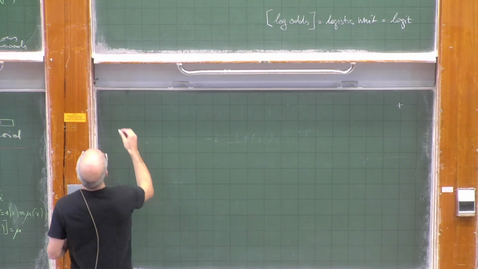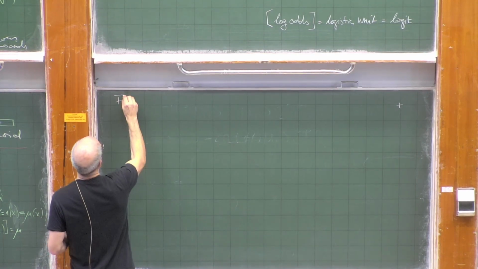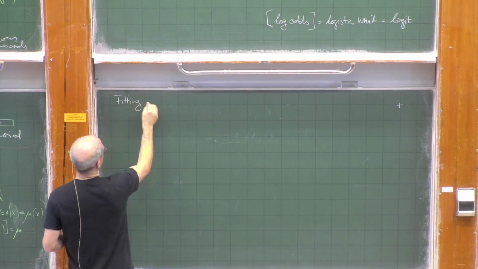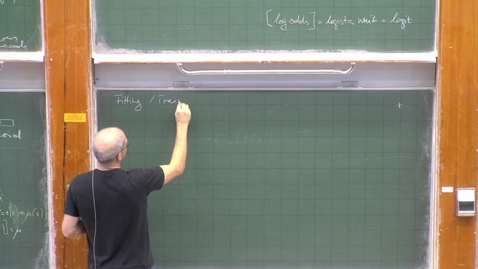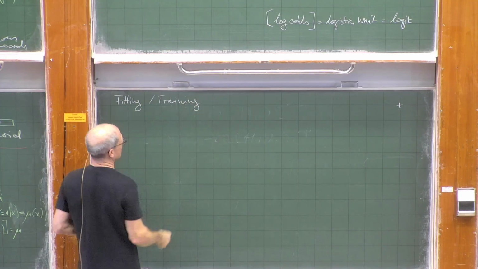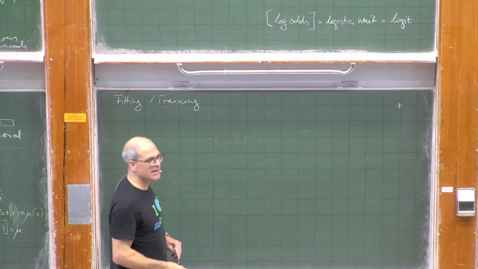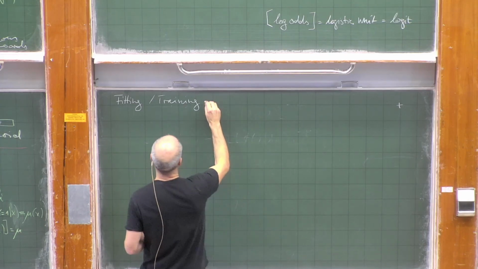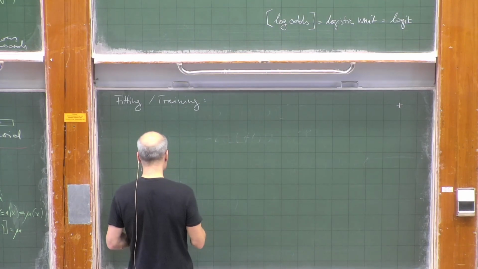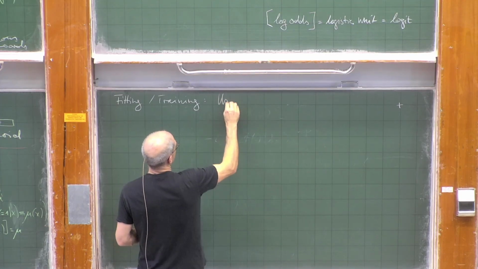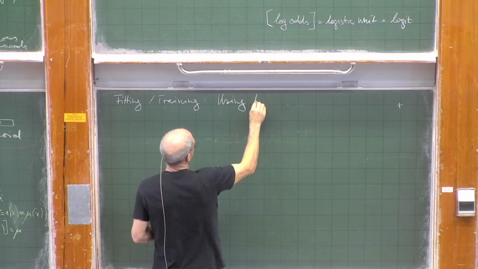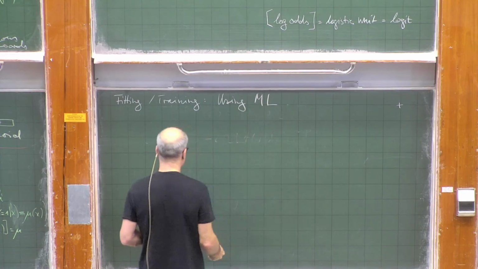And the fitting of the parameters, or machine learners would talk about the training of the parameters, is using maximum likelihood.